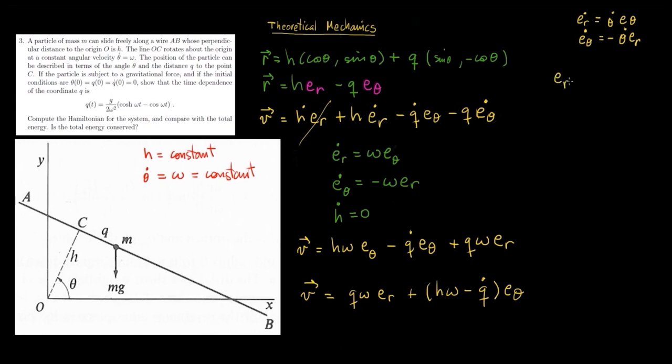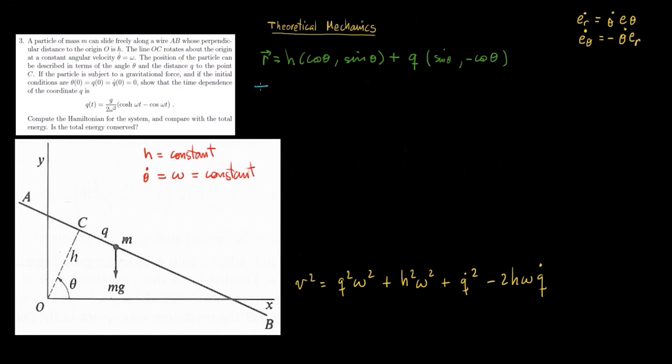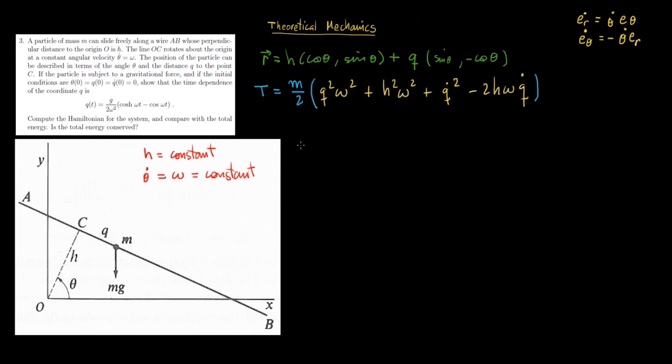So, taking into account that the polar base is orthogonal, the square modulus is simply this term squared plus this term squared. That is q squared omega squared plus h squared omega squared plus q dot squared minus 2 times h omega q dot. So the kinetic energy will equal m over 2 times this expression, and the Lagrangian equals the kinetic energy minus the potential energy.